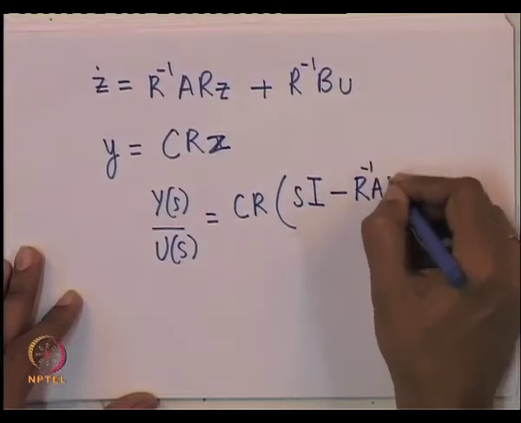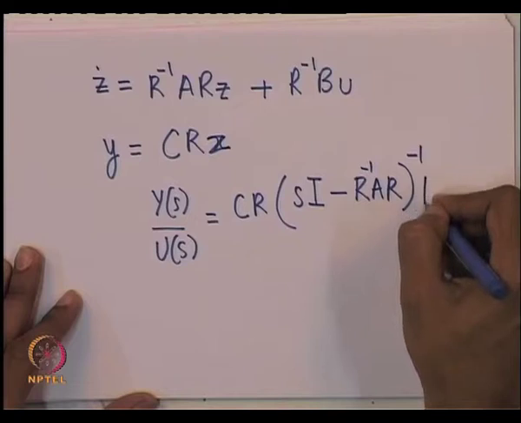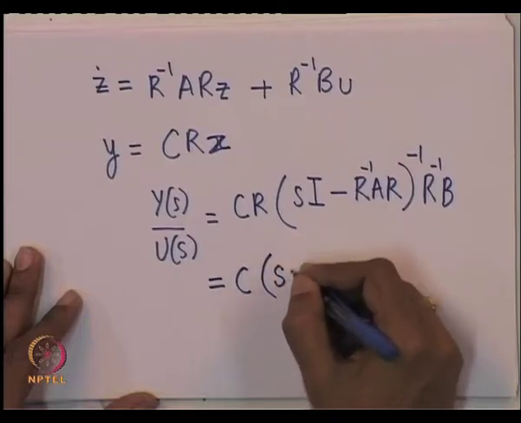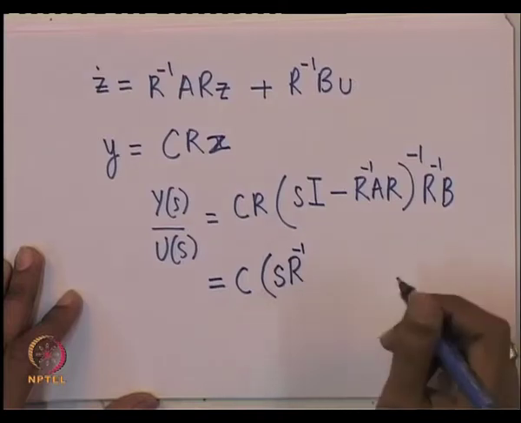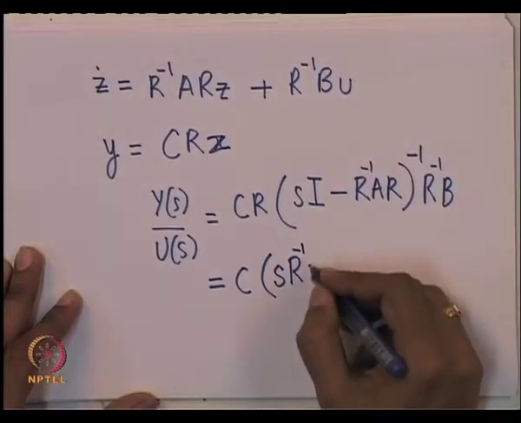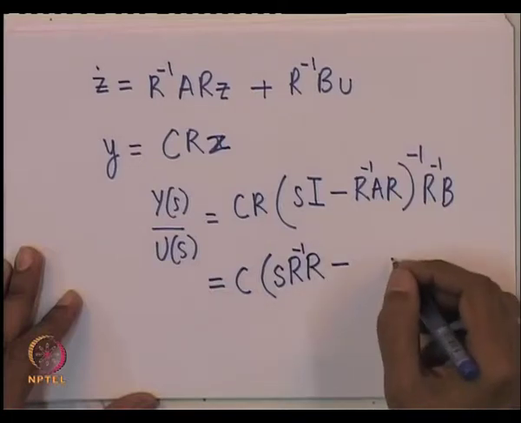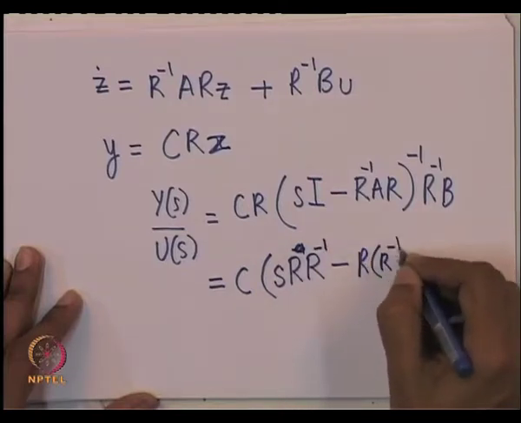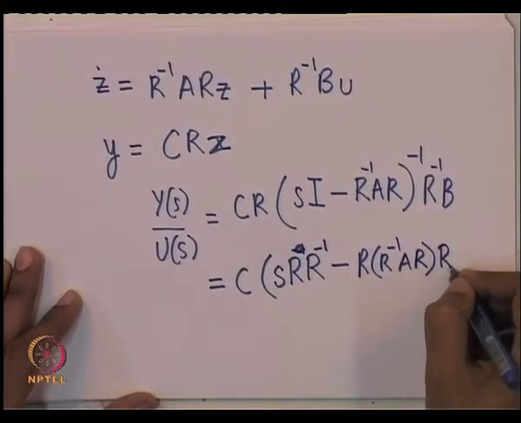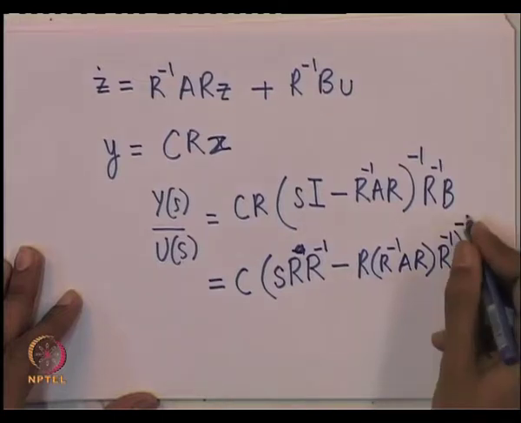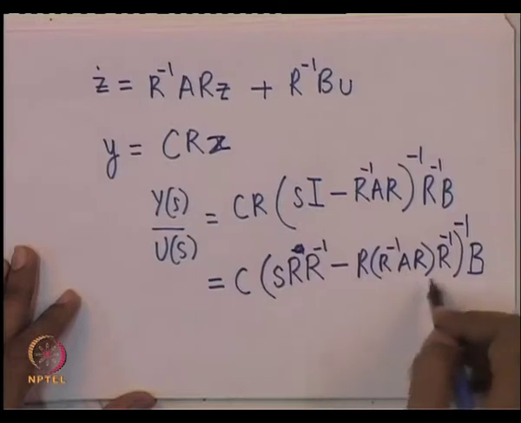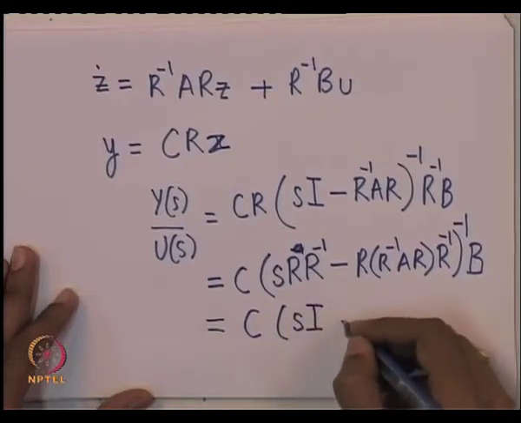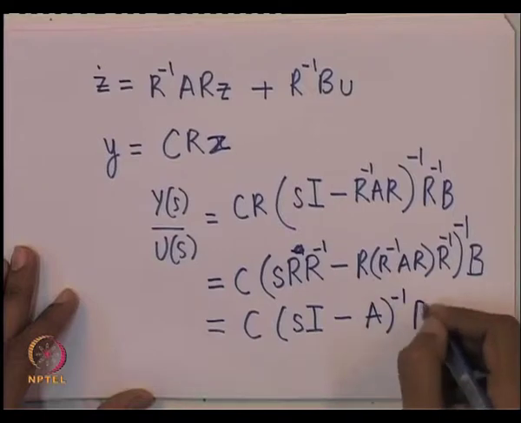This is nothing but C into (sI - A)^-1 B, using simple rules of matrix algebra, since R^-1 (sI) R is sI. So, we will get C (sI - A)^-1 B. Okay.